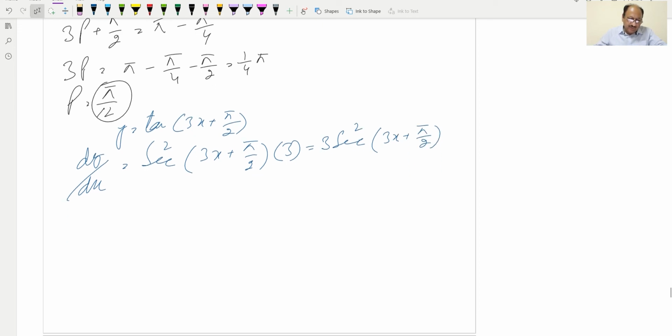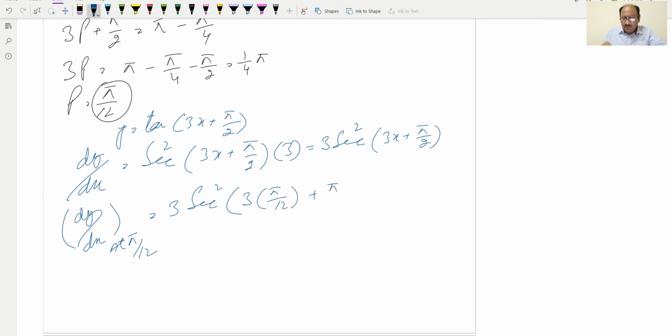Now we can find dy by dx at this point, pi by 12. So dy by dx at p equal to pi by 12 will be equal to 3 secant square of 3 into pi by 12 plus pi by 2. We can find this value.